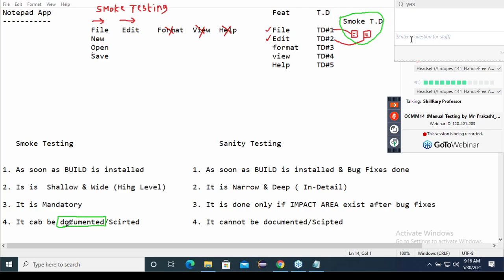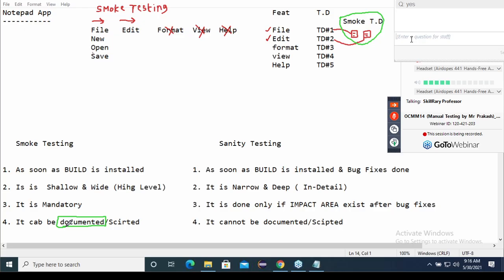Before I start testing, whatever 100 or 200 documents you have written, you pick the 10 documents or 5 or 6 documents which are used for smoke testing and name them as smoke test documents so that it will be useful. Easy, easy. Yes, good.